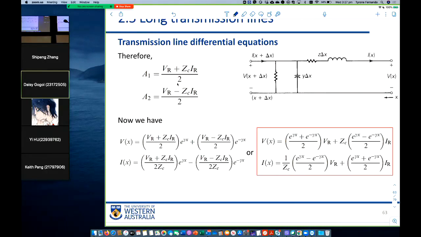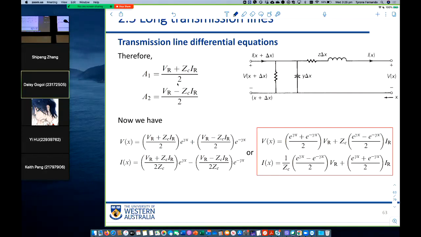Vx is simply A1, which we have solved for, e to the gamma x plus A2, again in terms of our initial conditions, e to the minus gamma x. And we can make the same substitutions for Ix, for A1 and A2, and we have those expressions.